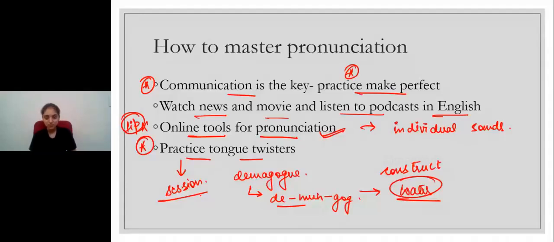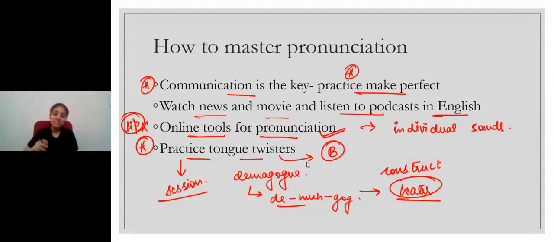I'll give you an example. There's this tongue twister: Betty bought some butter, but the butter was bitter. So Betty bought some better butter to make the bitter butter better. Here we are repeating the B sound. Tongue twisters will help you with clear and effective pronunciation. They'll help you clear your speech out.